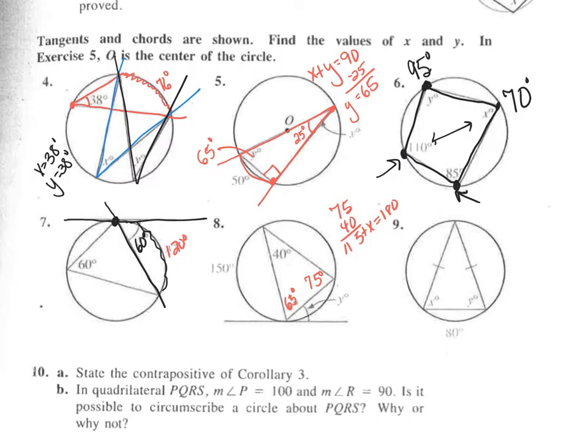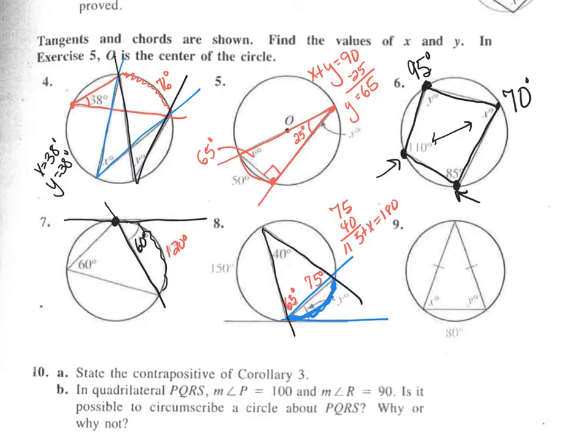All right, now to find the y, let me change colors here. Y is half of this arc. So it would be great if we could find that arc. Well, it looks to me like that arc is also the intercepted arc for this 40. See?